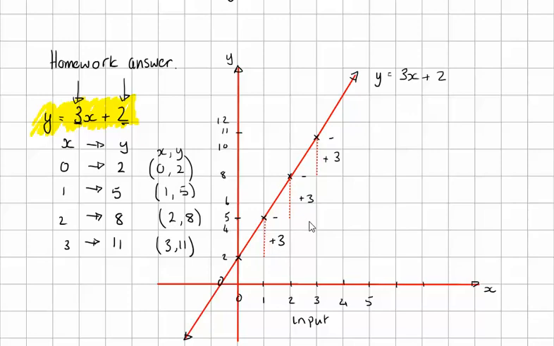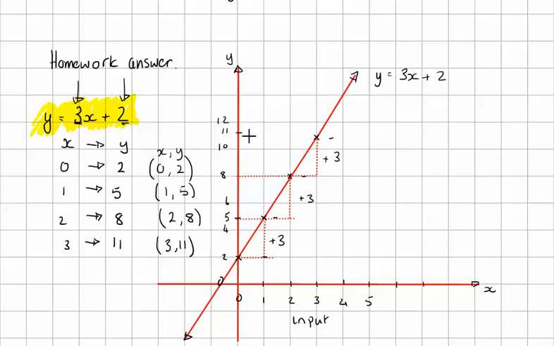You notice that? On the output, we were at 2. So when we're at 2, to get to the next one at 5, we have to add 3. To get to the next one at 8, we have to add 3.